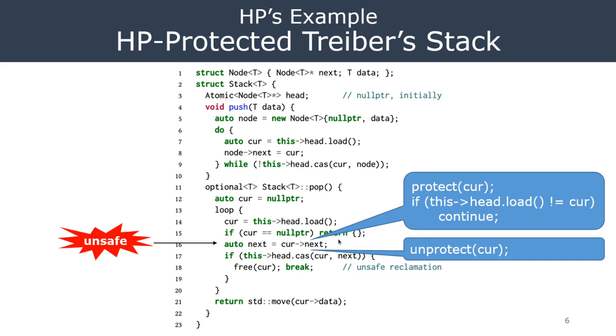And after that, we want to just signify the fact that we don't want to bother more, so we are calling unprotect cur. And the contract here is that after unprotect cur, you should not access cur again without the protection in play.